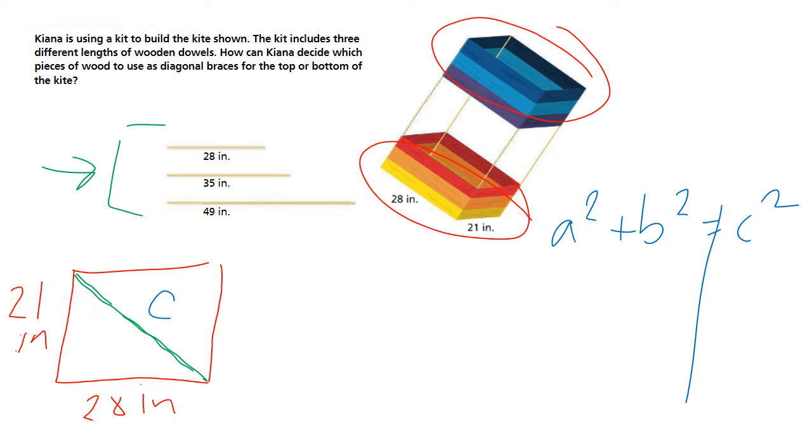The diagonal is always the hypotenuse, the right angle is there, so that's the c length. So we have 2 other legs, a and b. Let's just call this one a, let's call this one b. So I'm going to go ahead and say a is 28, b is 21 and c is unknown, and let's make sure that we add our squared signs.